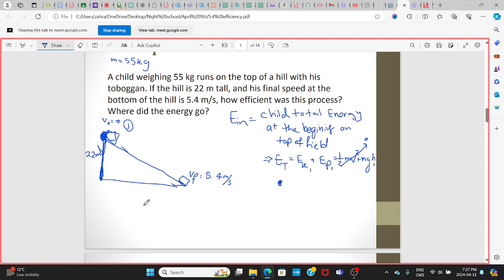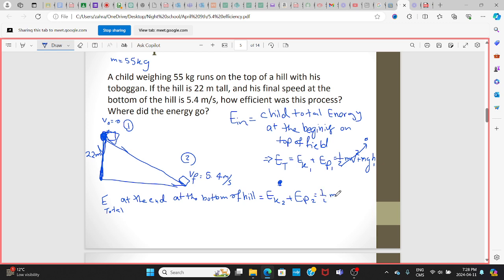Now, what would be the output? So the output would be the total energy at the end, at the bottom of the hill. Again, it's going to be E kinetic at point 2 plus E potential at point 2.